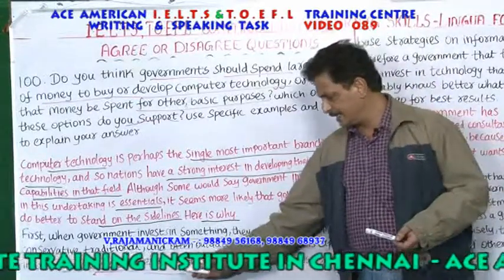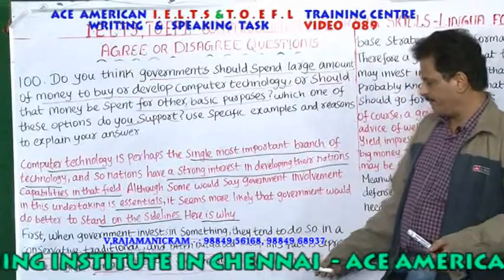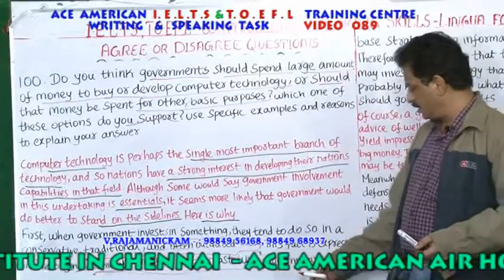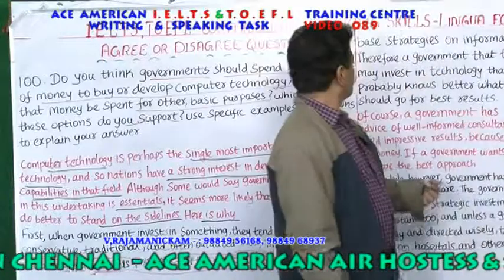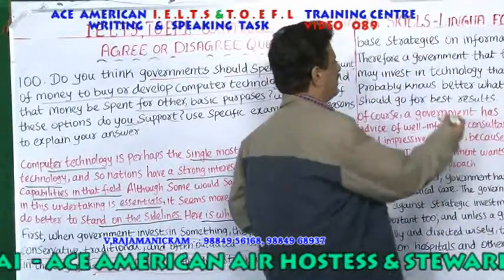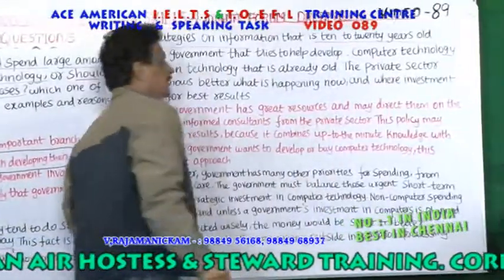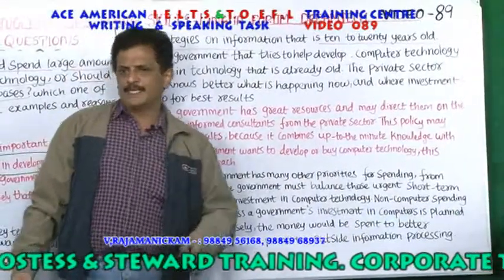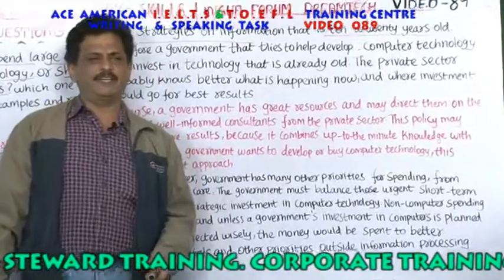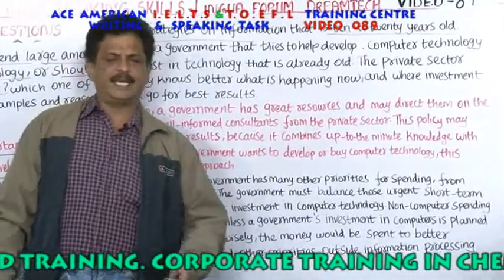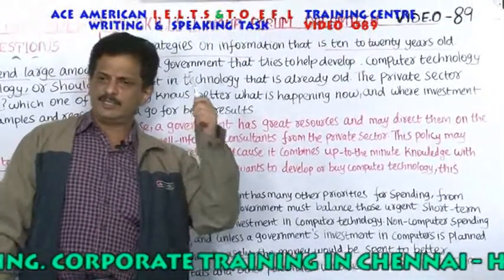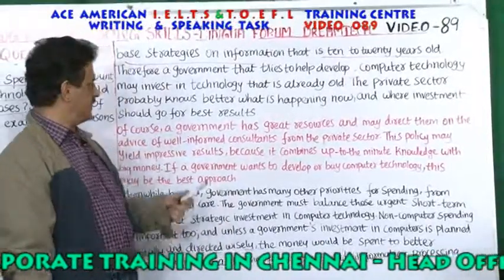So government usually bases strategies on information that is 10 to 20 years old. Whatever the government does, it doesn't think about present scientific inventions, present day things. It goes in for the old methodologies from 20 years back.